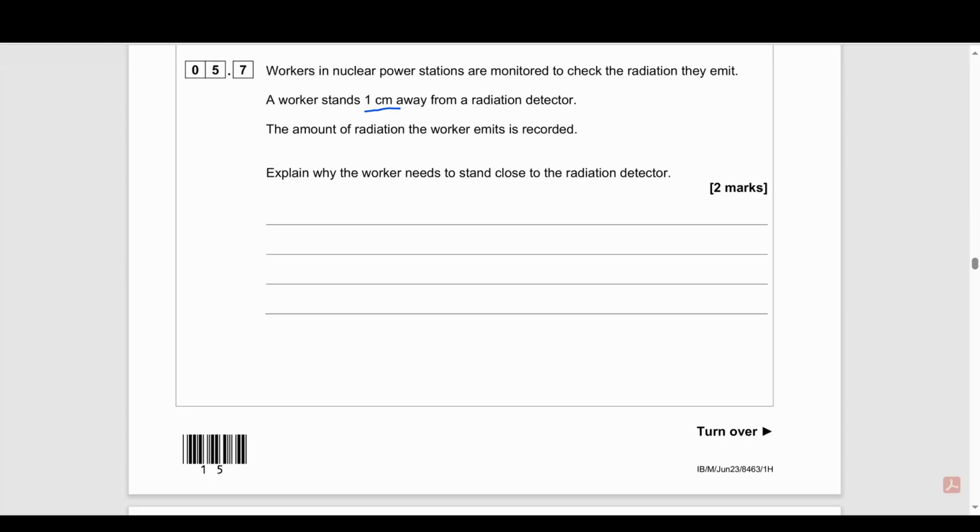So, if the detector is placed down and a person stands next to this detector and they're emitting radiation, it'll be picked up by the detector.